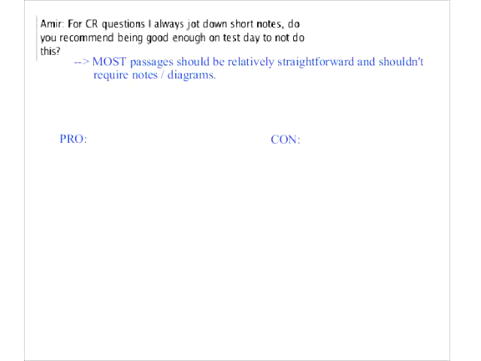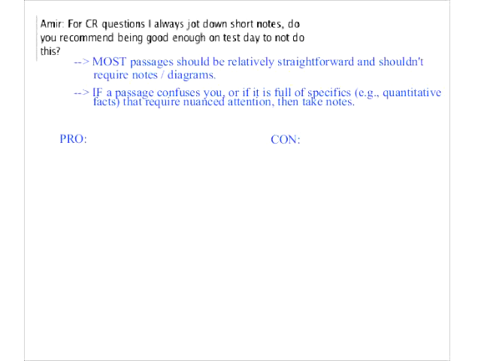I mean, it's okay to take notes if a passage confuses you, or if it is full of specifics, like quantitative things that require nuanced attention. Then take notes.